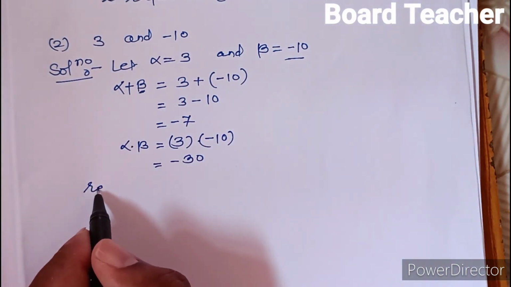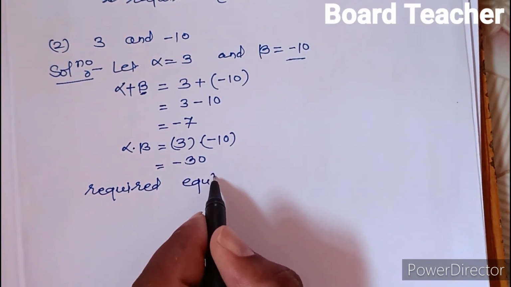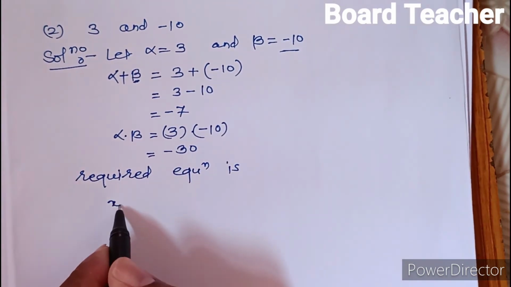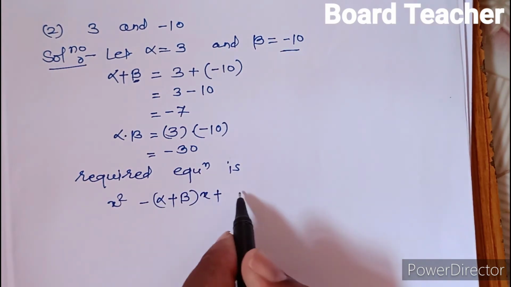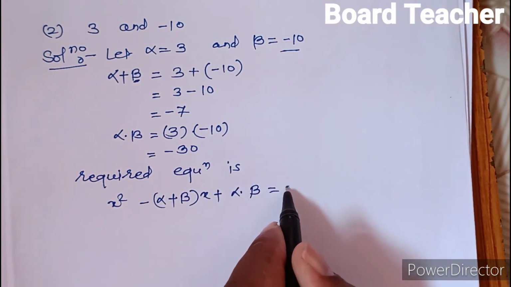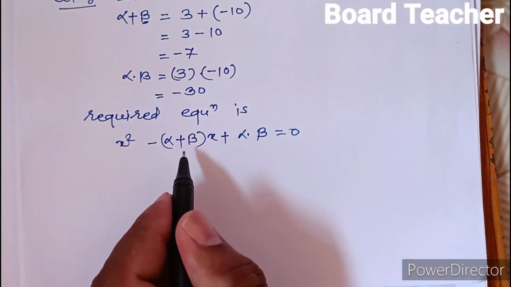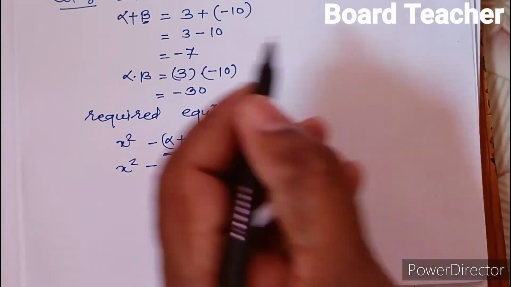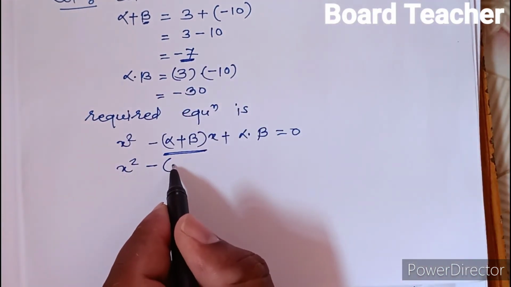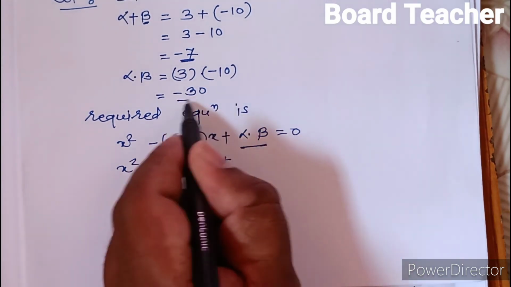Therefore the required equation is x square minus alpha plus beta into x plus alpha dot beta equals 0. This is the required quadratic equation in the form of roots alpha and beta, that is x square minus the value of alpha plus beta, which is minus 7, write down minus 7 in bracket, into x plus the value of alpha dot beta, which is minus 30.